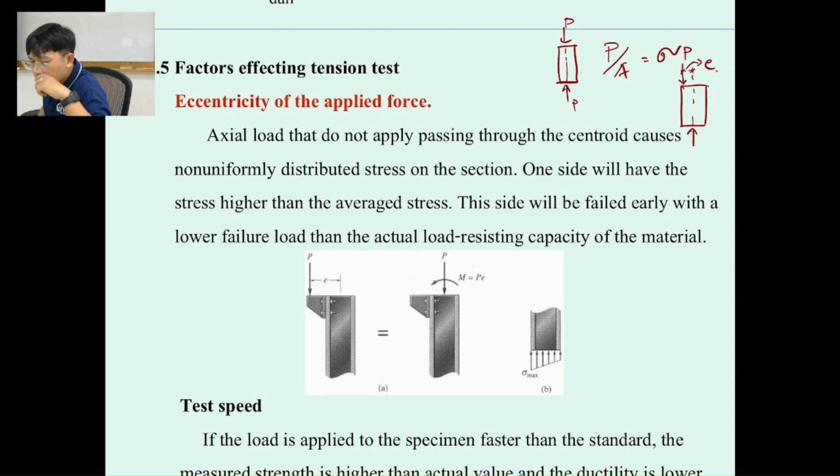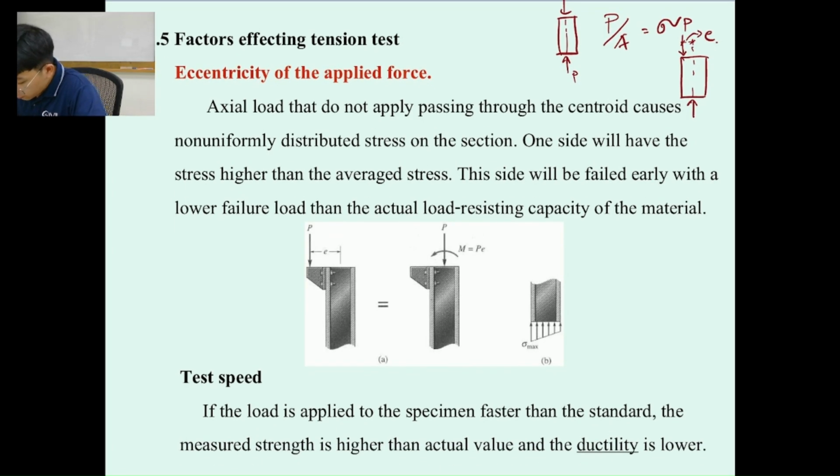So what happens when there's some eccentricity in your sample? If you look here, this is the same sample without eccentricity length.